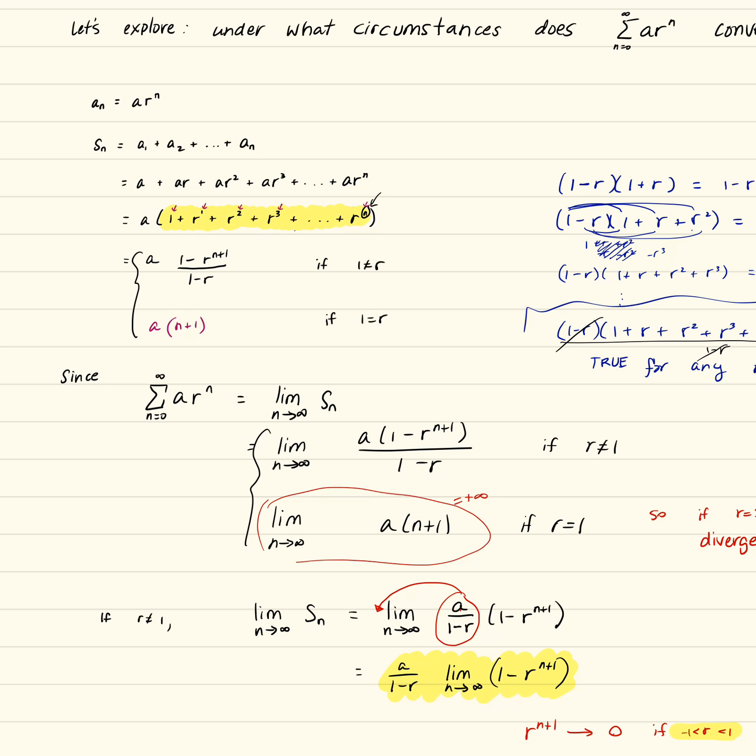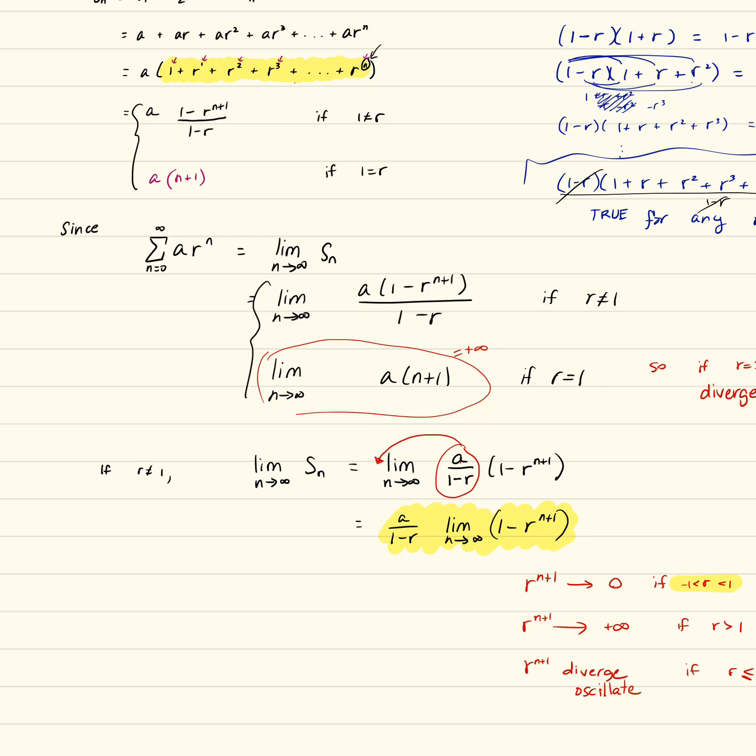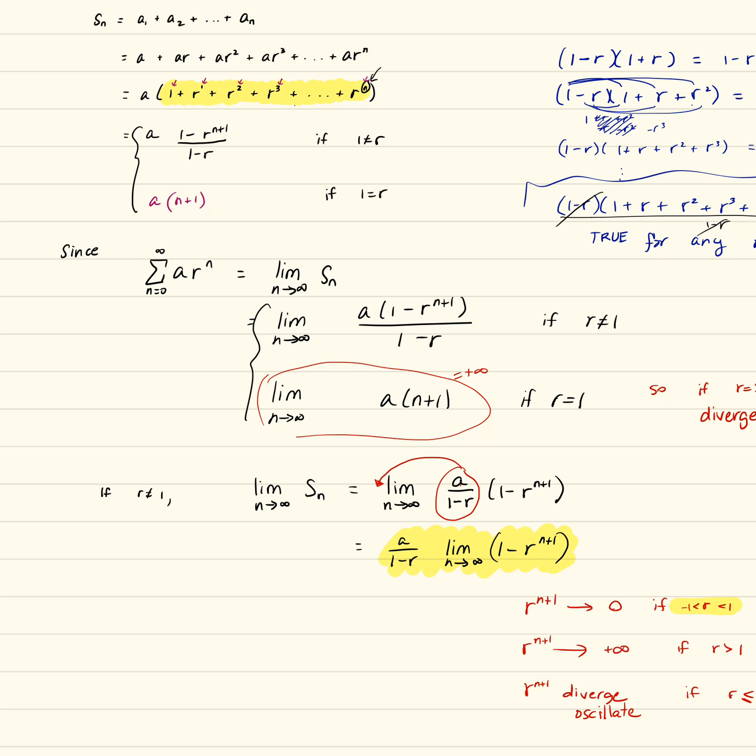We can rewrite this formula a little neater by saying 1 minus r times the sum of r to the k, where k starts at 0 and stops at n minus 1, is equal to 1 minus r to the n.